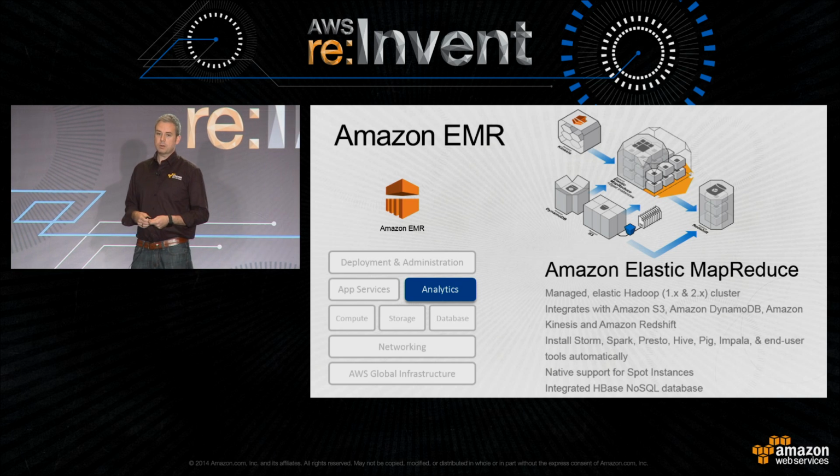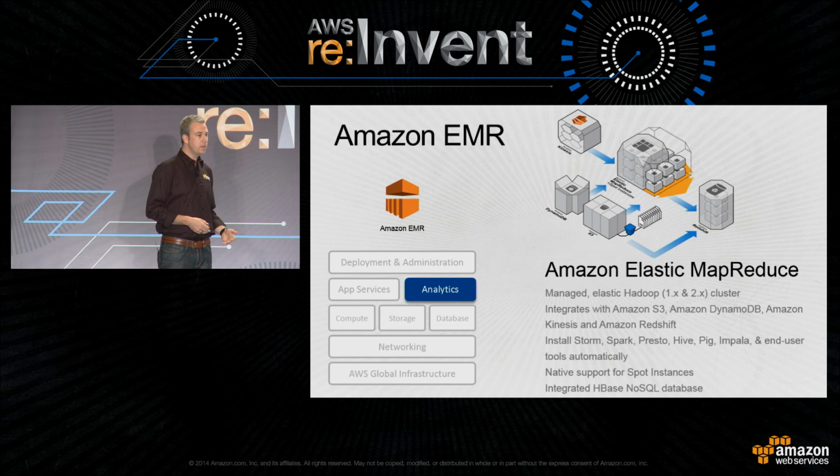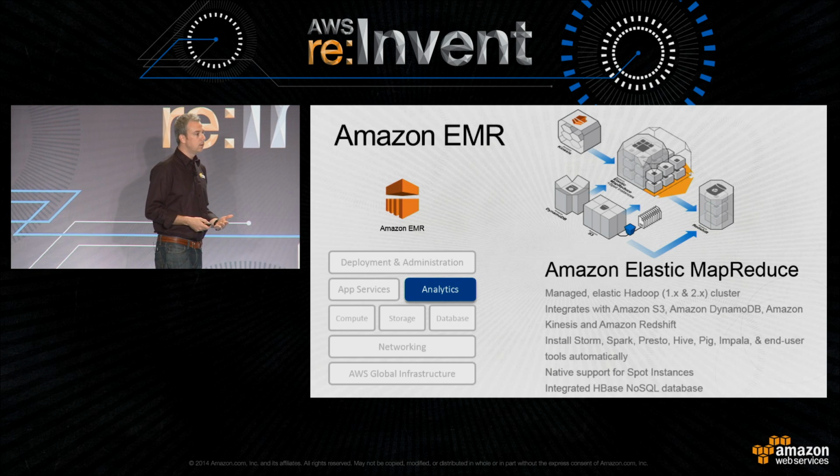It's designed to integrate with S3, DynamoDB, Redshift, and Kinesis natively.